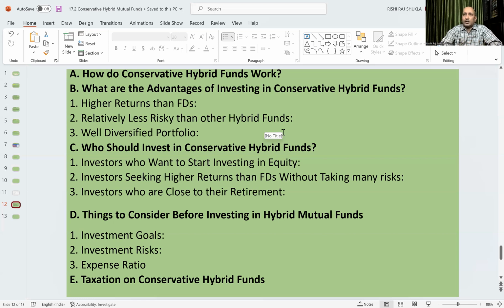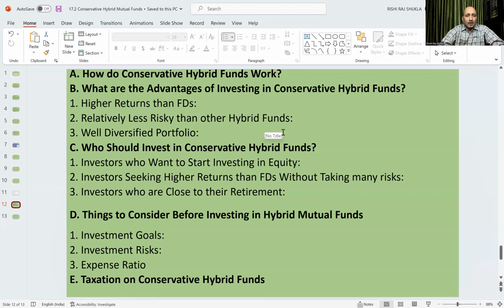Depending upon the maturity period, these earnings will be more or less. So this will provide stability. At least we can get near about FDs or a little bit extra than FDs, and this will give a balancing effect. The equity part, minimum 10% to 25%, will create some extra alpha, which will definitely give more return than FDs. So this is the construction of the conservative hybrid fund.